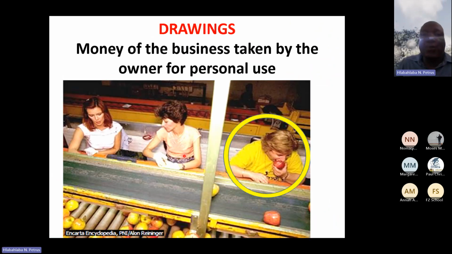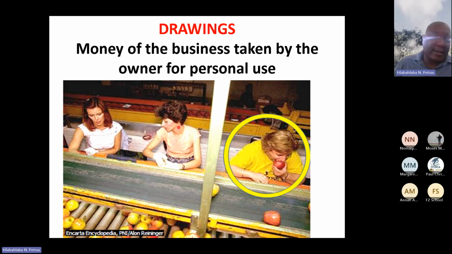And then again, we also have what we call drawings. What is drawings? Drawings we refer to as money of the business taken by the owner for personal use. So if you are having a business and you take money that belongs to the business, we refer to it as drawings. It will be recorded under the drawings. You see that lady, she is the owner of the business.